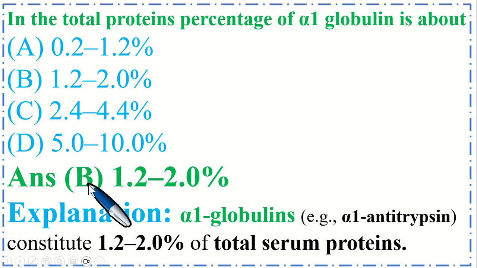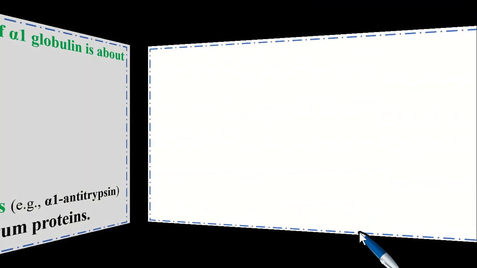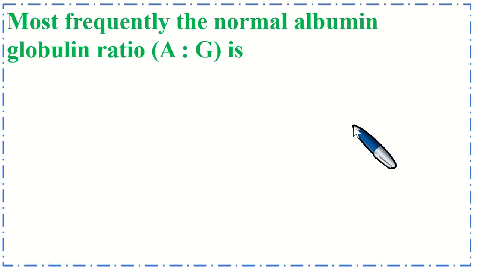So the correct option is B, 1.2 to 2.0%. Alpha 1 globulins, for example alpha 1 antitrypsin, constitute 1.2 to 2.0% of total serum proteins. So this is a very important MCQ.